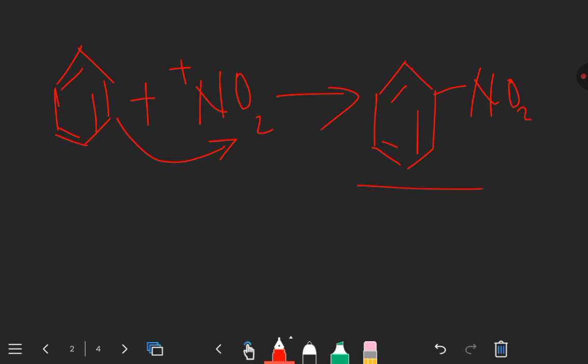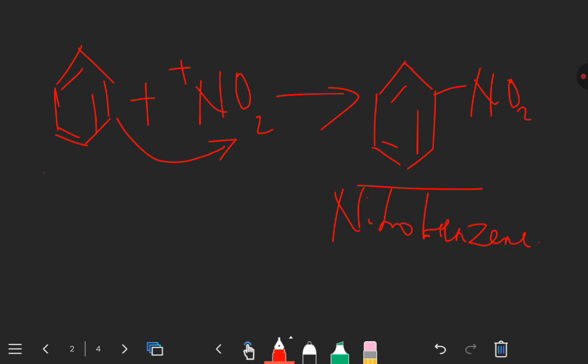So this compound which is formed is what is referred to as nitrobenzene. Okay, so this is nitrobenzene. Then let's look at the conditions under which this reaction can be successful.